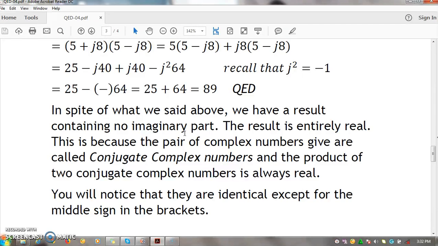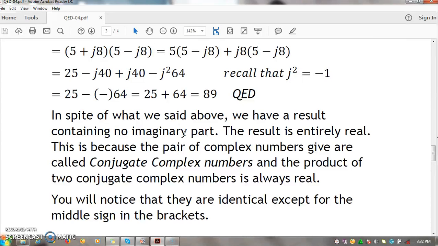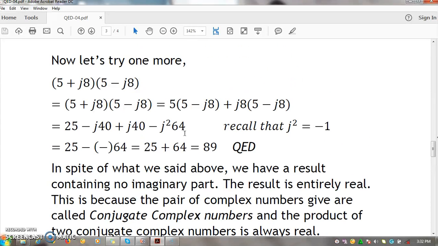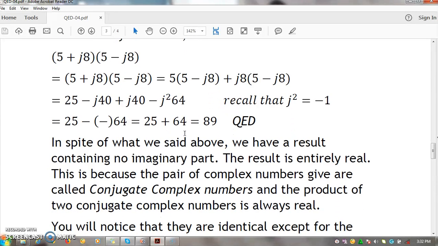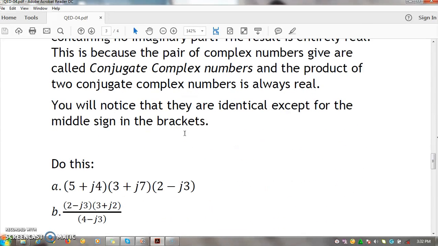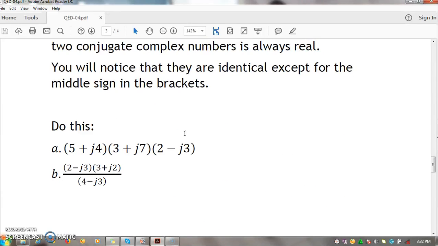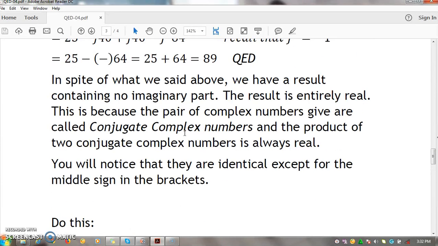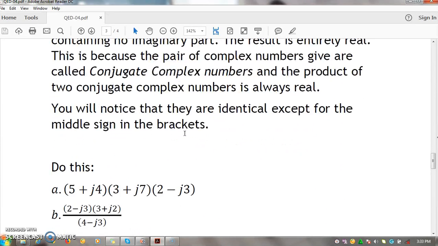And the product of two conjugate complex numbers is always real. So why do we call them conjugate? Remember we said the only difference in the two brackets is the sign in between, and that is why they are conjugate. And that is why the result gives us a real part, no imaginary part.